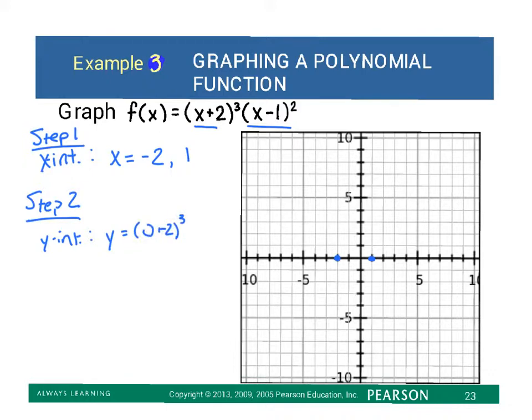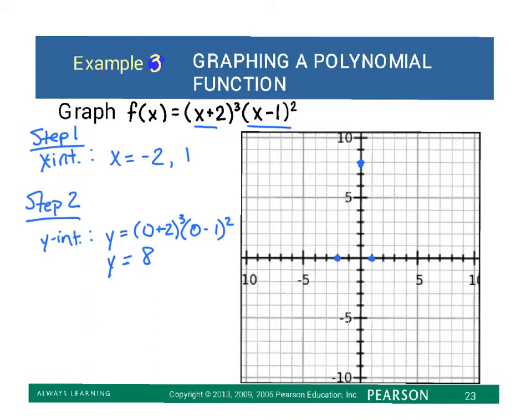So place that x with 0. Square it. So our y-intercept here is 8. So plot that on your y-axis. There's our y-intercept and our two x-intercepts.